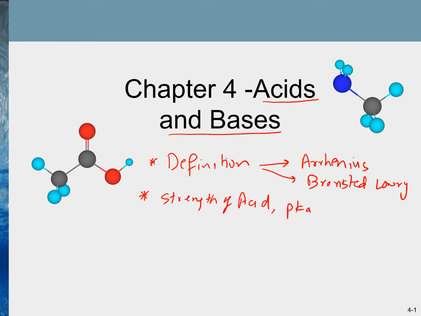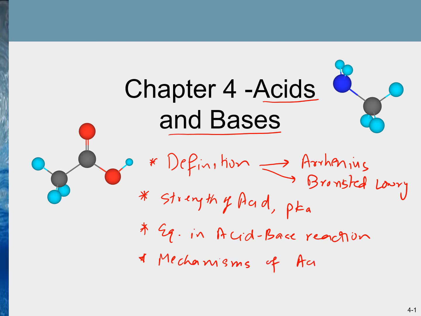So we'll talk about pKa values also, and then we will learn about equilibrium in acid-base reactions, and then in the next section we'll discuss the mechanisms of acid-base reactions, and finally in the final section we will discuss what are Lewis acids and Lewis bases.